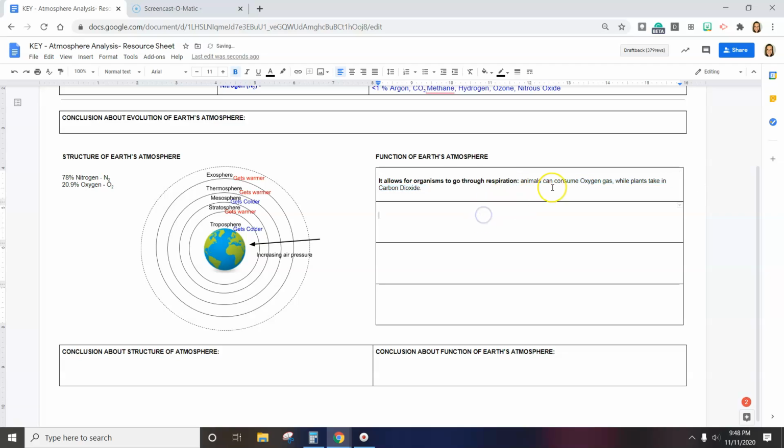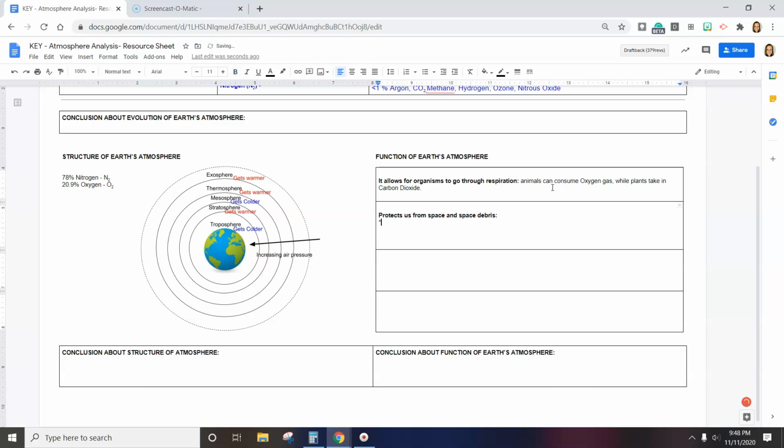Another function of our atmosphere is it protects us from space and space debris. And what do I mean by that? So this is important to list off that we have spoken about how the ozone layer stops some UV light.